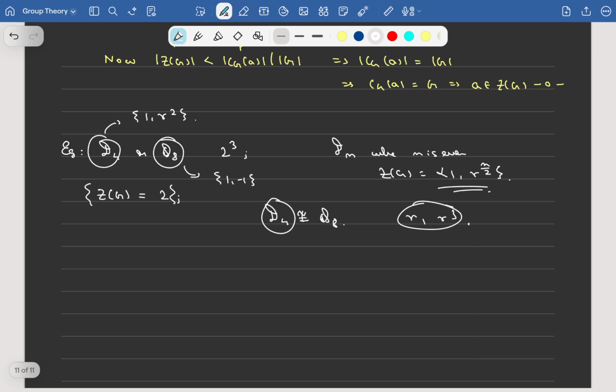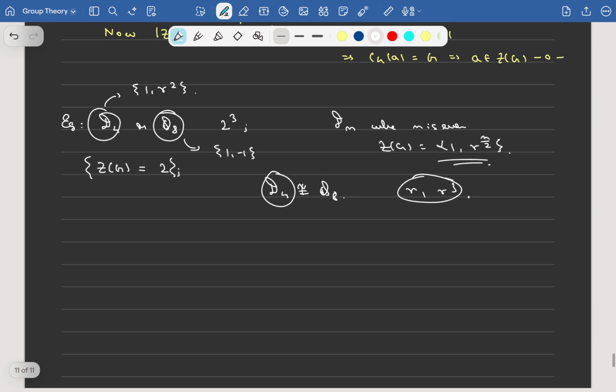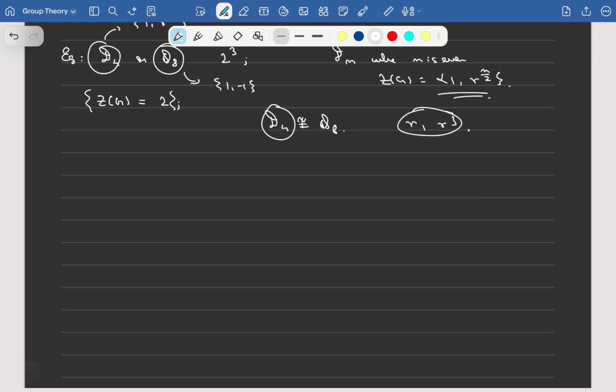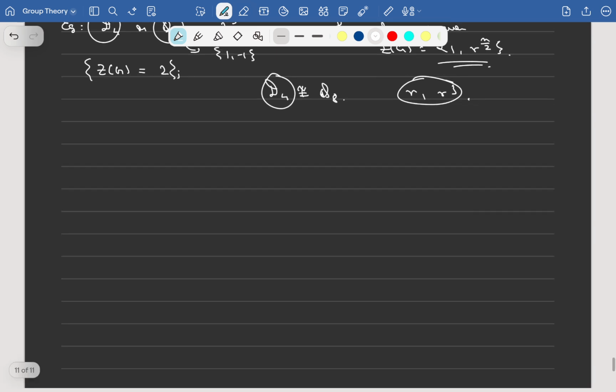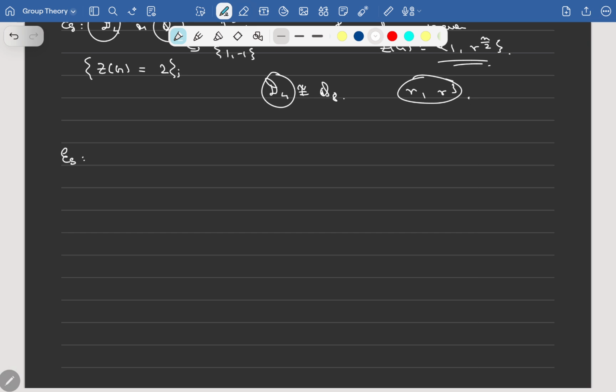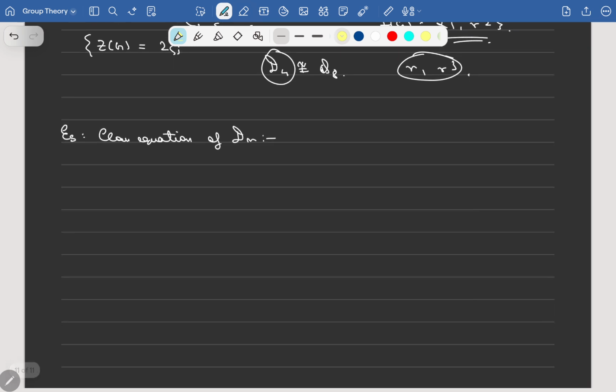Now let us give some important examples of class equations. One of the most important examples is the class equation of Dn, which comes out in the following sense. It comes out to be 1 plus 1, so 2 elements in the center, and this holds when n is even.